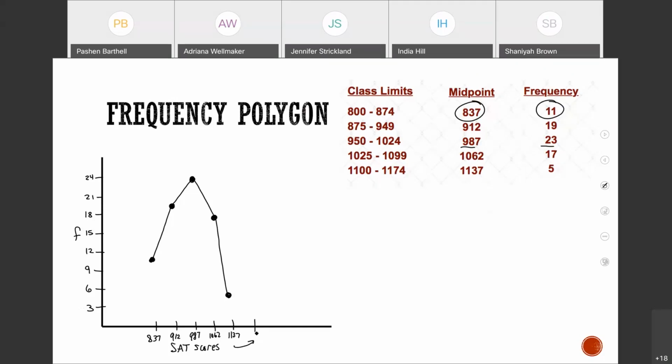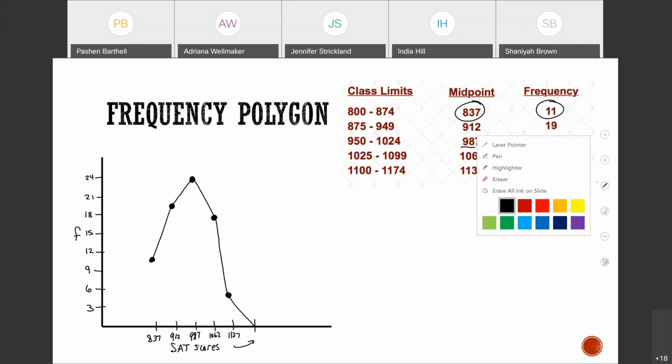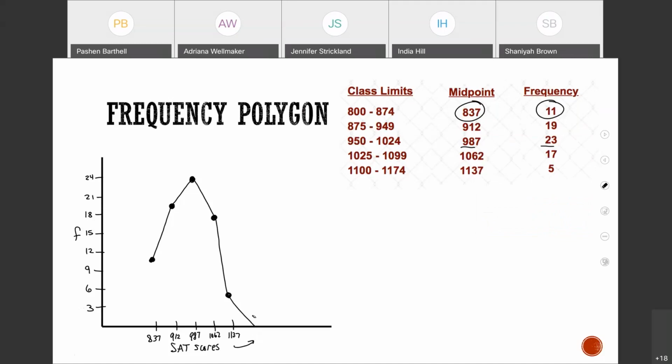So I'm going to take my graph and pull it down to that point, and then I'm going to erase that tick mark because it's not really supposed to be there. I'm just using it as a guide.